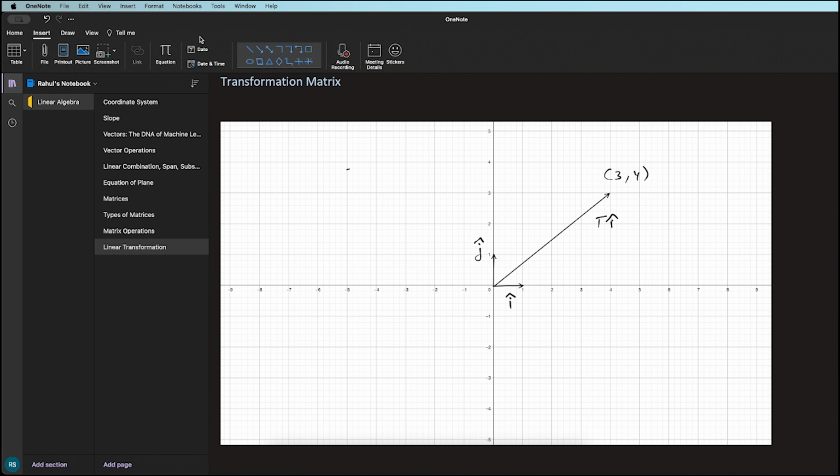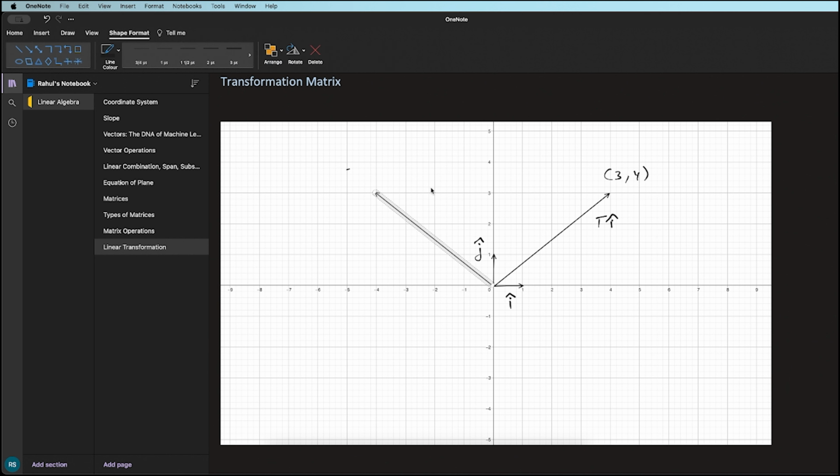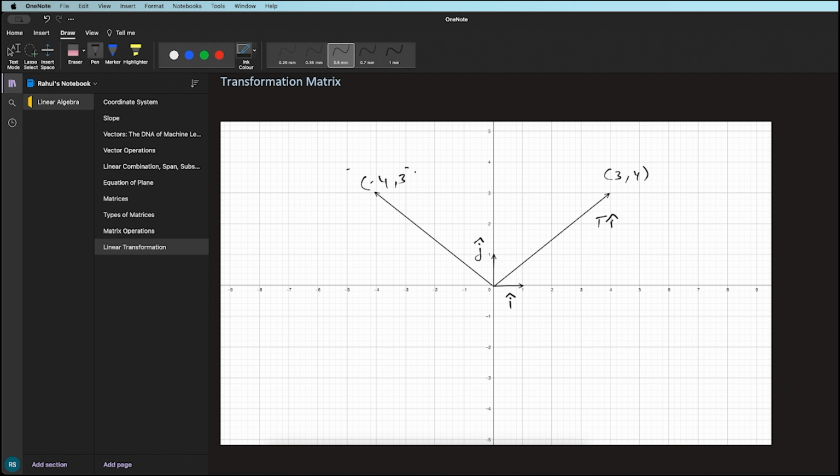Then this is the j hat which is transformed. I can write it as x component -4 and y component 3, and I can write this vector as T of j hat, the transformed version.